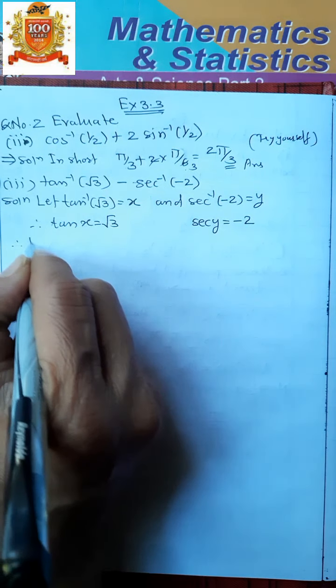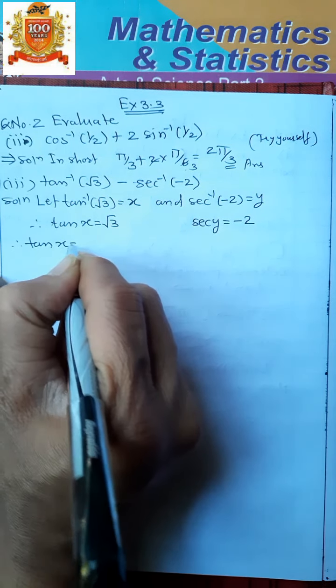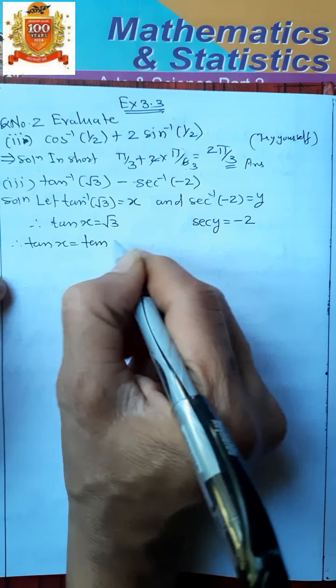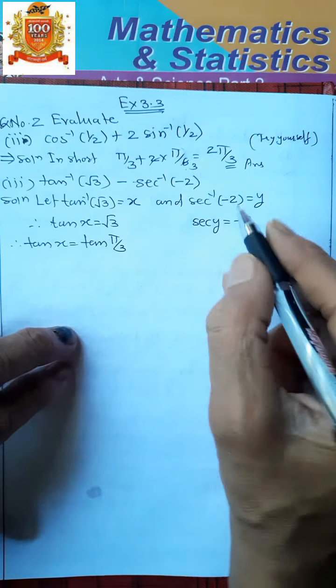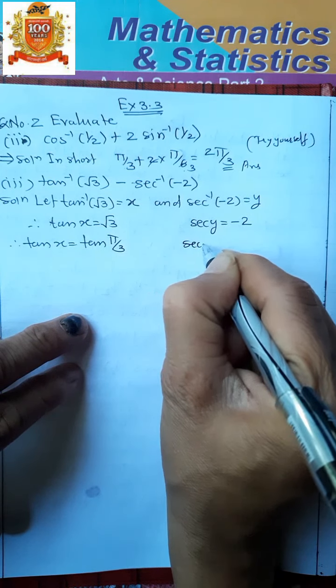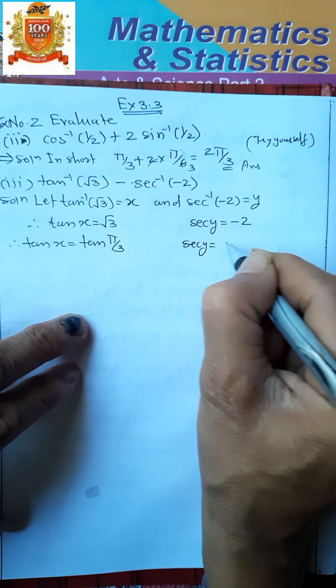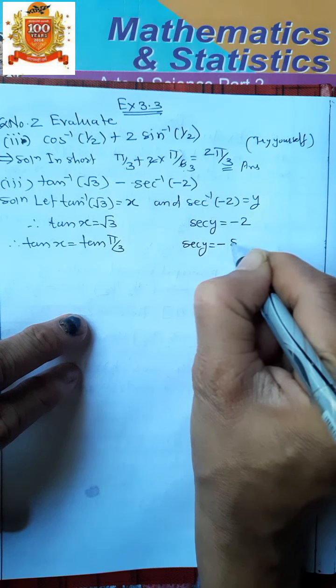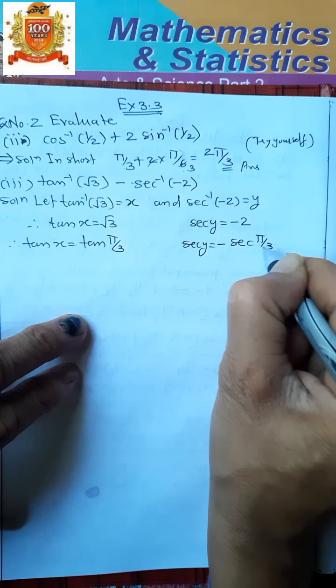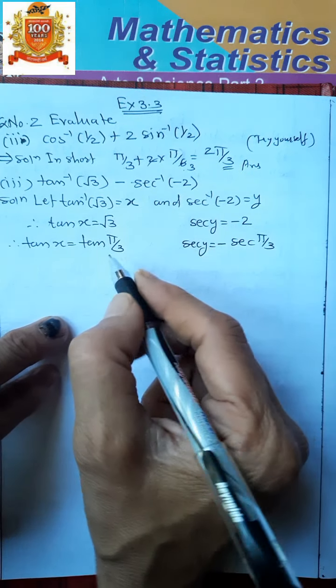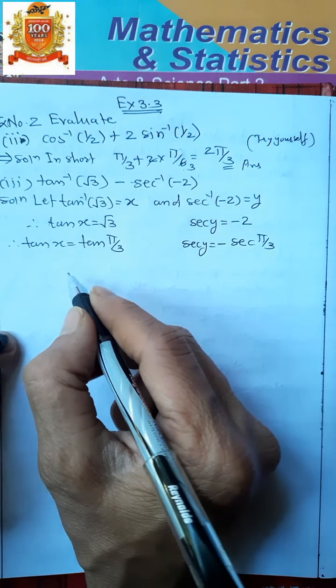Now, tan x is equal to tan of pi by 3, and sec y is equal to minus sec pi by 3. Sec pi by 3 is 2, isn't it? Here tan gets cancelled, x is equal to pi by 3.